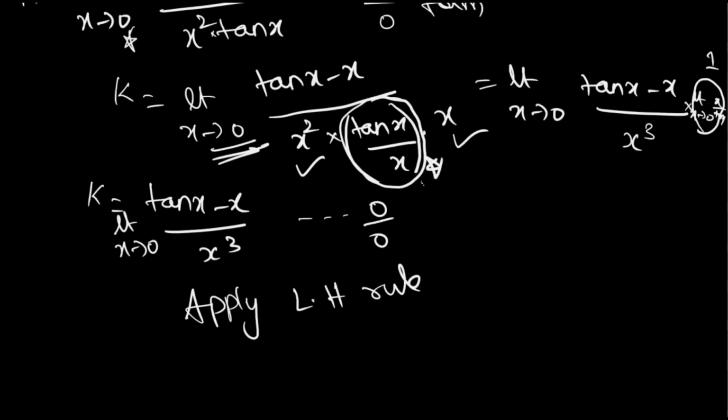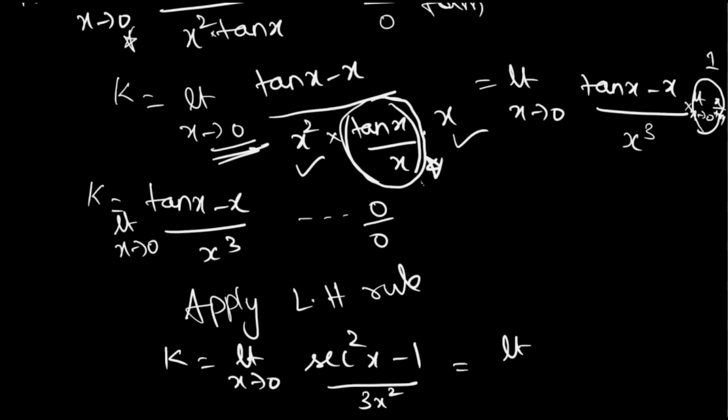So tan x differentiation is secant square x, differentiation of minus x is minus 1, x cube differentiation is 3x square. When I substitute limit x tends to 0, the same similar condition is coming. What is secant square theta minus 1? This is nothing but tan square theta. So I'll write tan square x by 3x square.